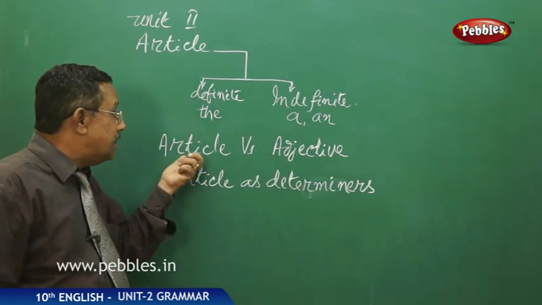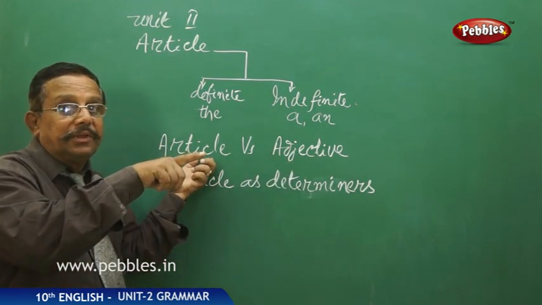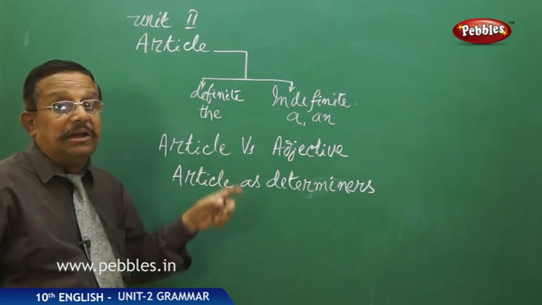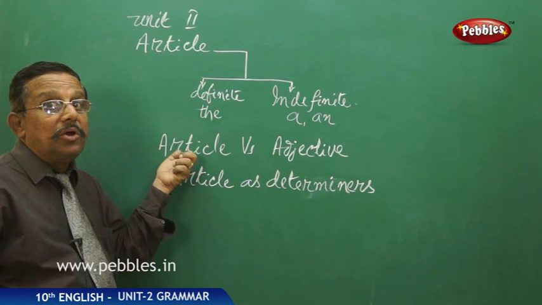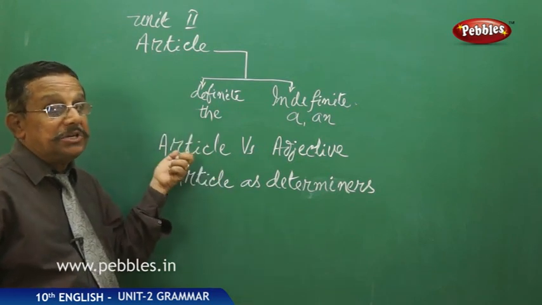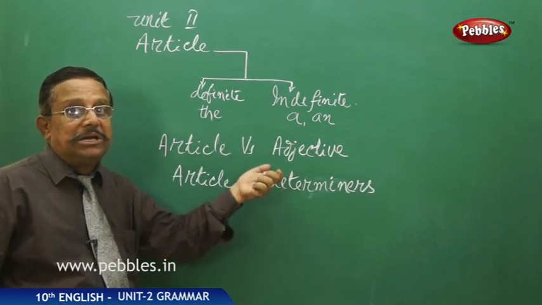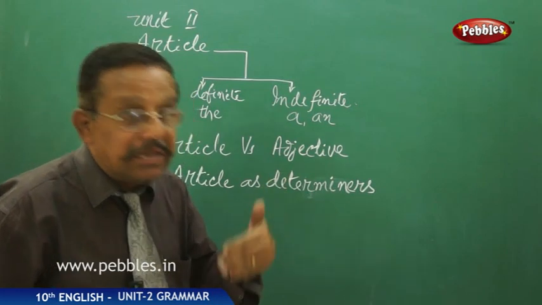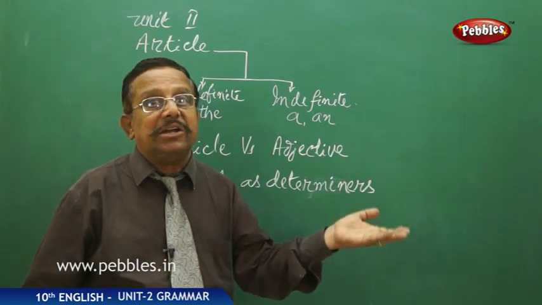It doesn't talk about quality and quantity. It only points out. Now, the second difference. This always comes before the noun which it determines or which it defines. Here the adjective can be in front of the noun or after it even.